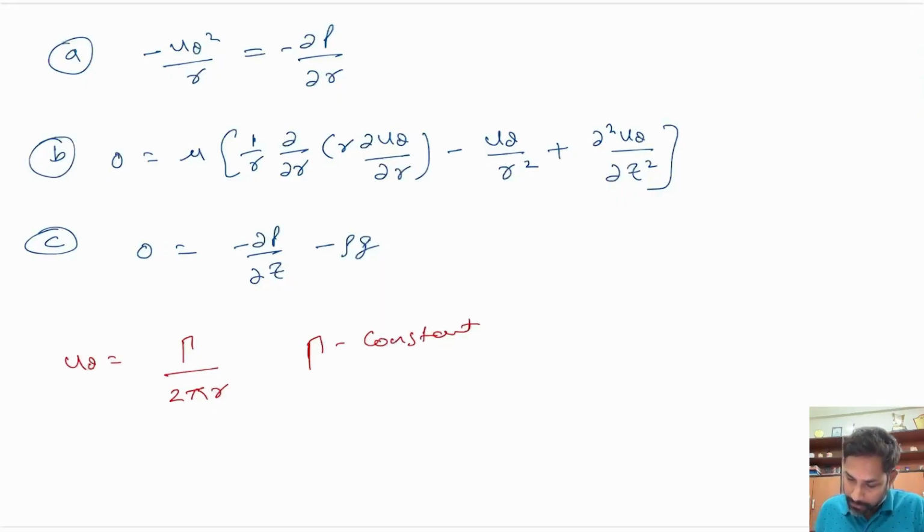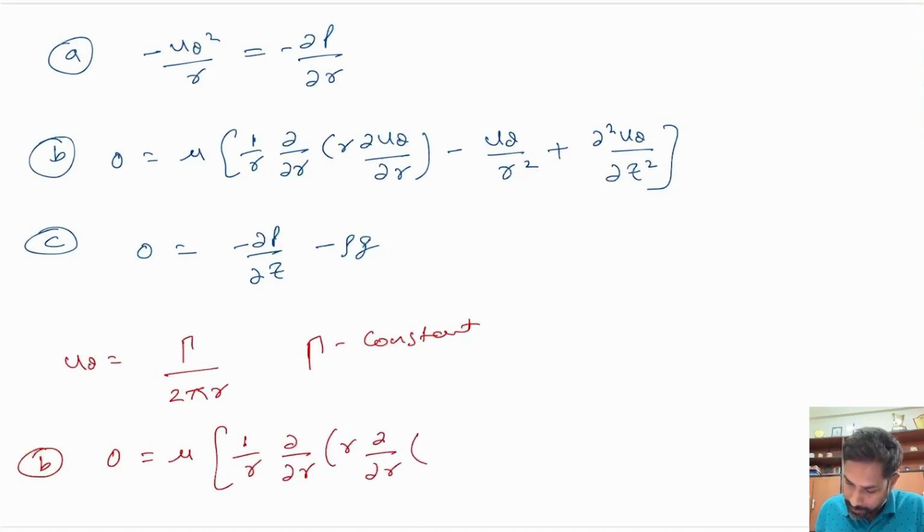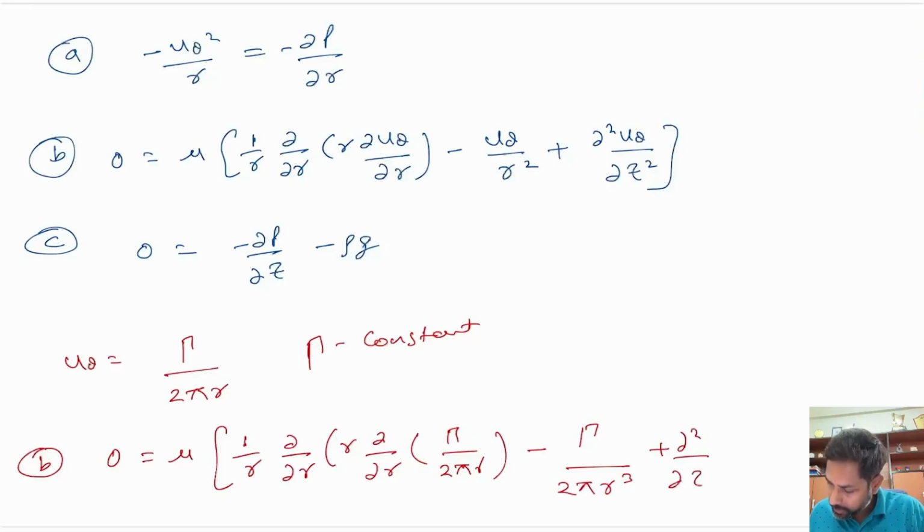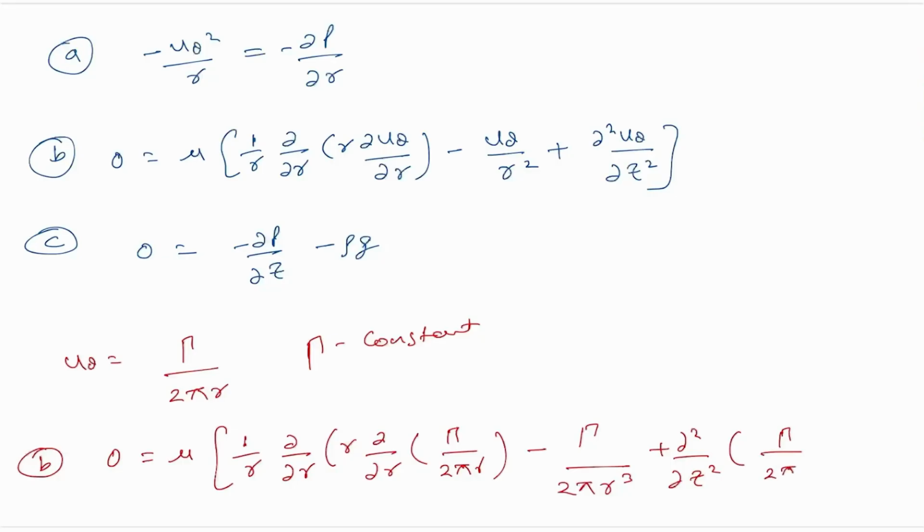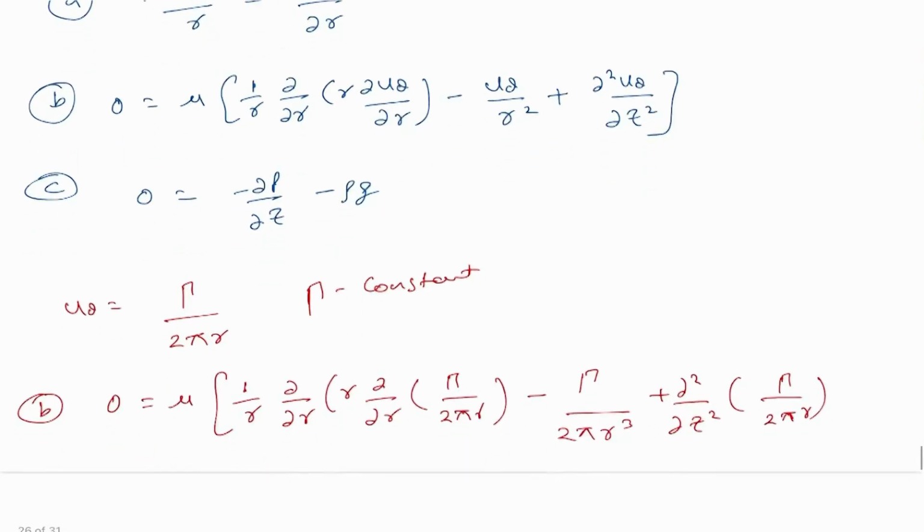Now if you put this in equation B, 0 equals mu times 1 over r d by dr of r d by dr of u theta, as gamma over 2 pi r minus gamma over 2 pi r cube plus d square by d z square of gamma over 2 pi r.